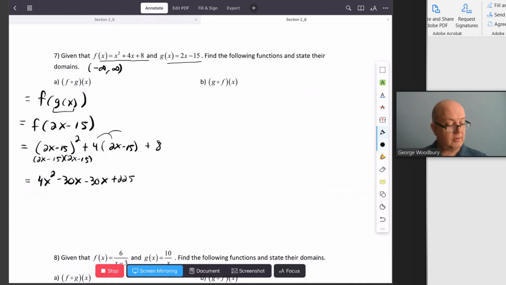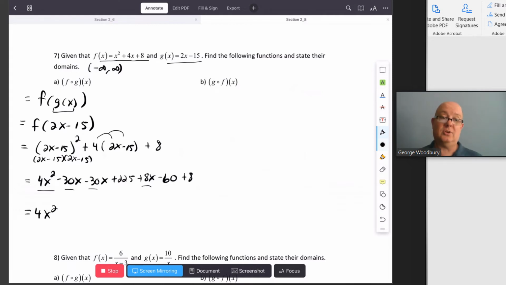Distribute the 4 next. 4 times 2x is 8x. 4 times negative 15 is minus 60. And then we've got plus 8. A lot of terms, need to combine them down. There's only one x squared term, so I'm going to copy that down, 4x squared. For the terms containing x, negative 30, negative 30, and positive 8.